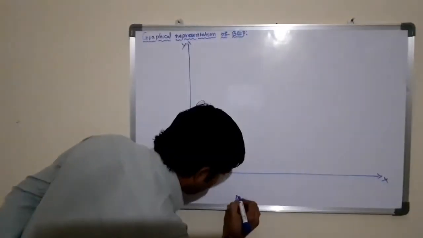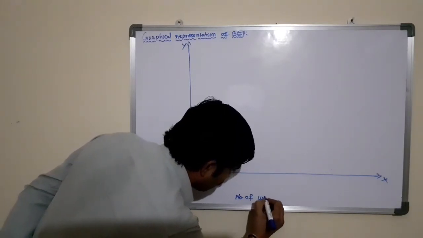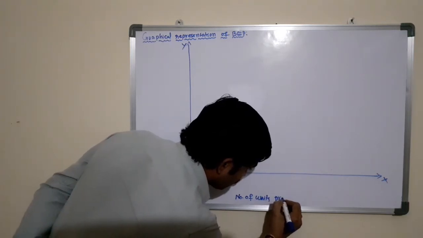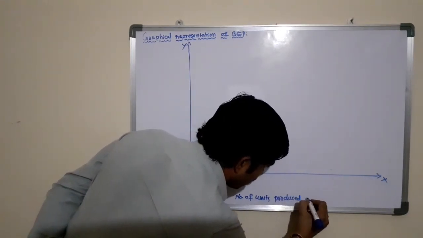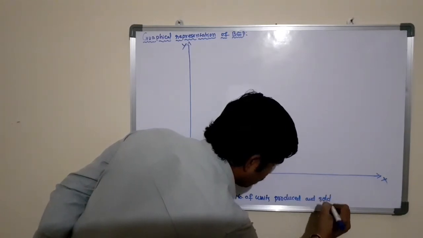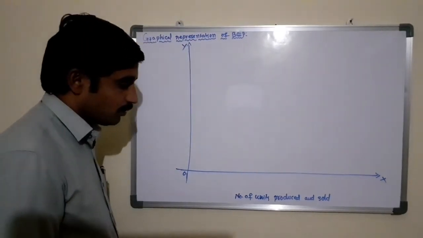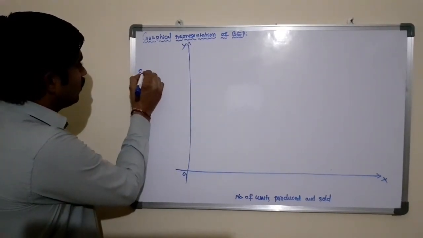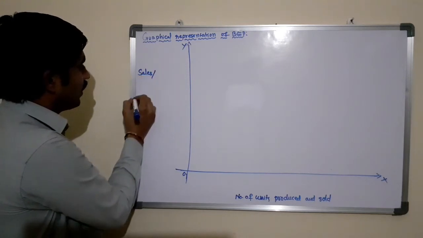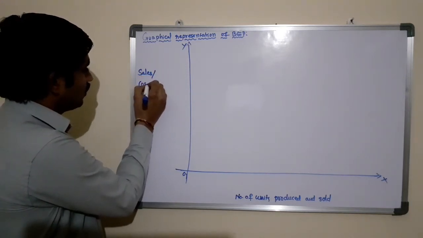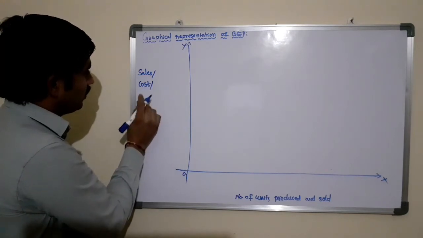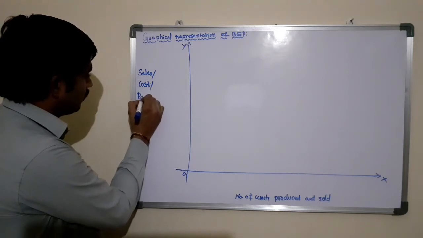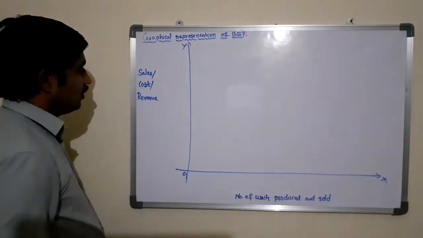X-axis reveals the number of units produced and sold, and y-axis reveals the total sales in terms of value, the total cost in terms of value, and the revenue.